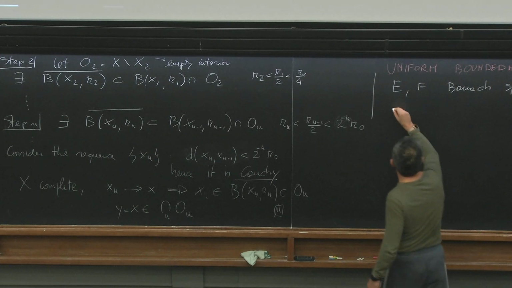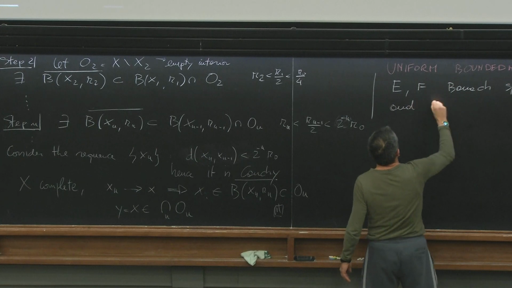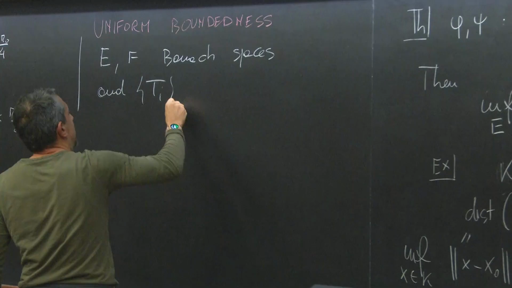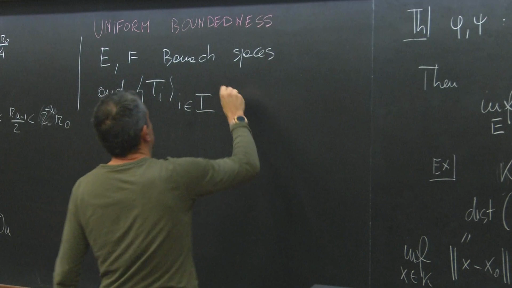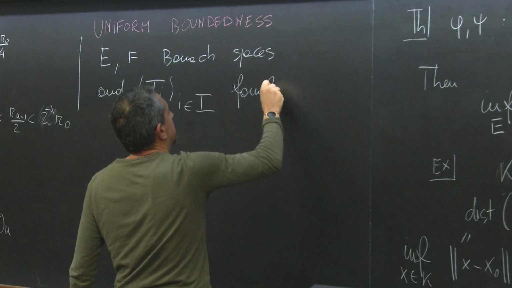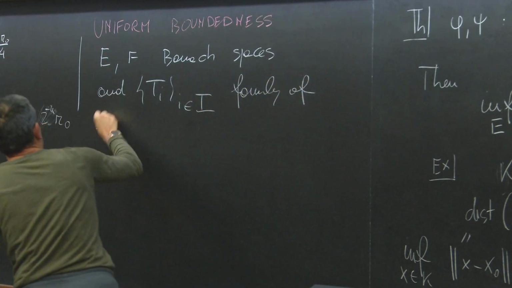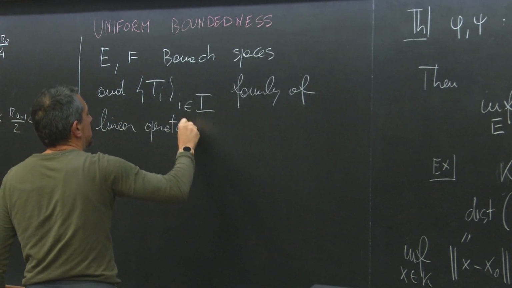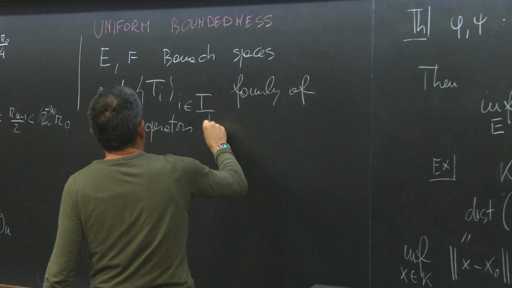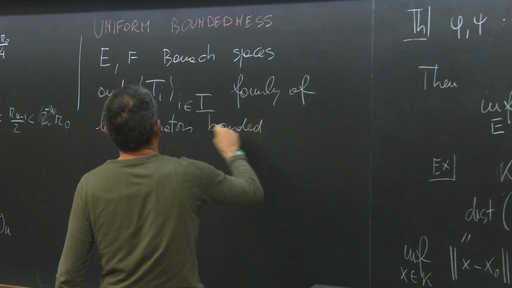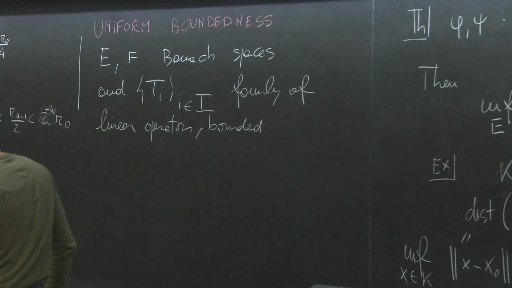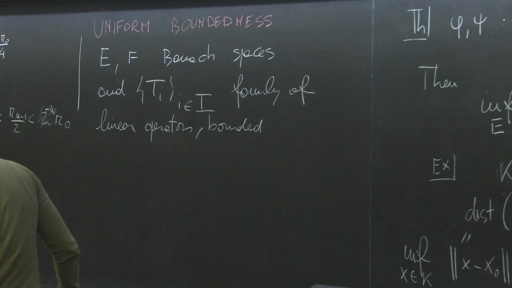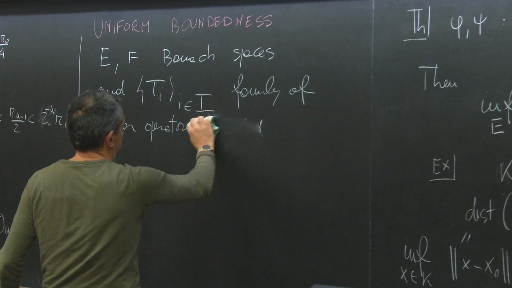And then we have Ti, with I some index, a family of linear operators. Bounded linear operators. So bounded means with respect to, oh sorry, this is a family of linear operators.